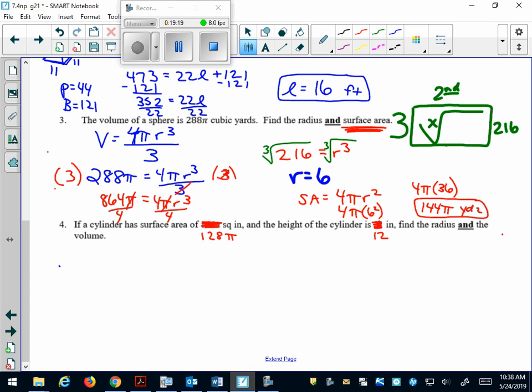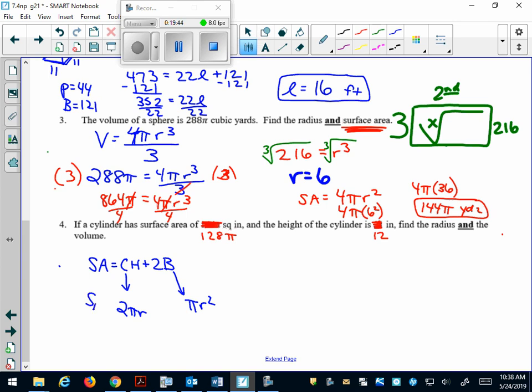Cylinder has a surface area. What's the surface area of a cylinder? CH plus 2b. Now, if we're going to solve for radius, though, what do we have to do to this formula? Yeah, we have to change the c to a 2 pi r and the b to a pi r squared.